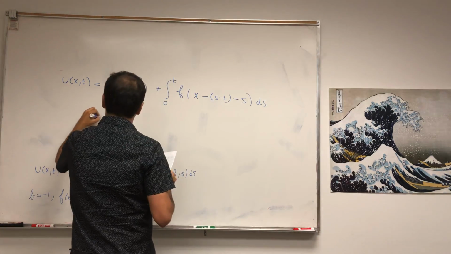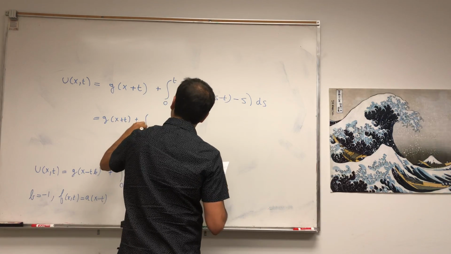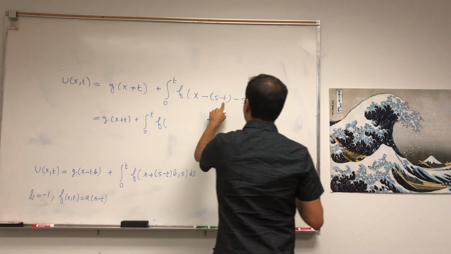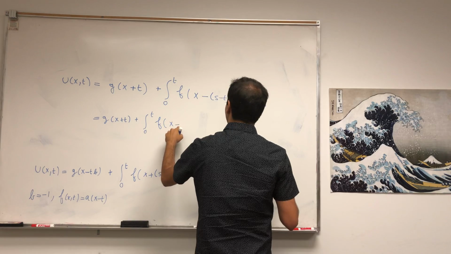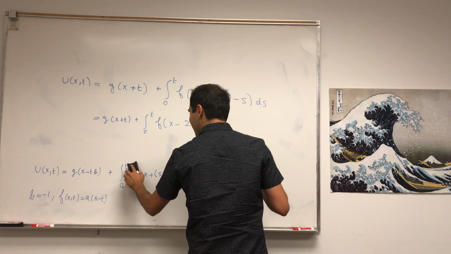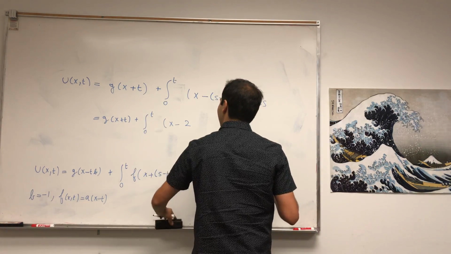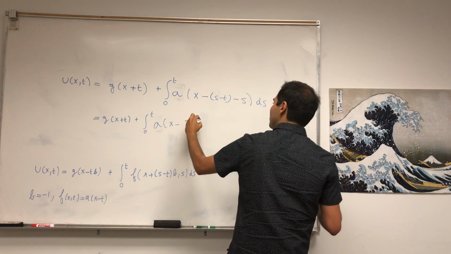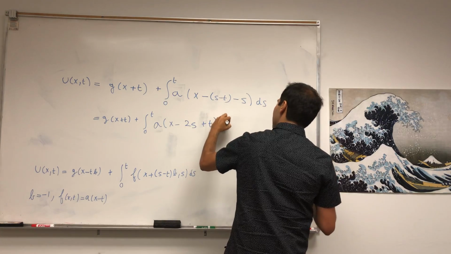That's g of x plus t plus the integral from 0 to t of A of x minus 2s plus t, yes.